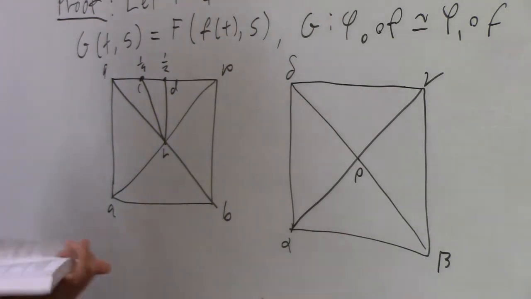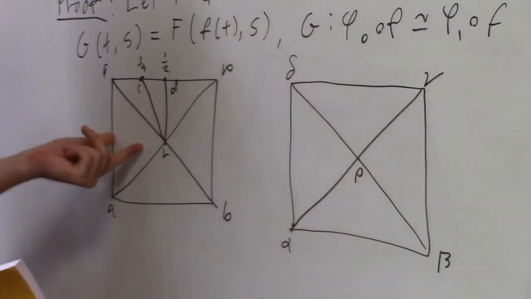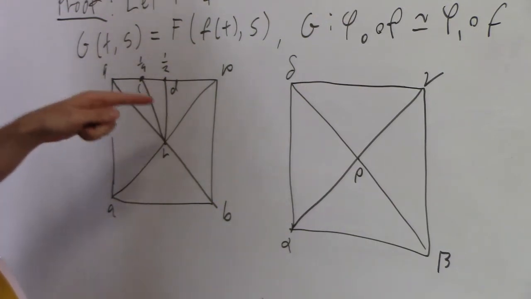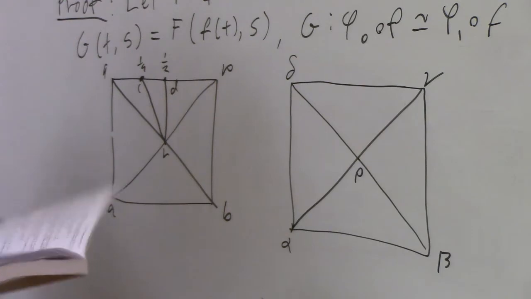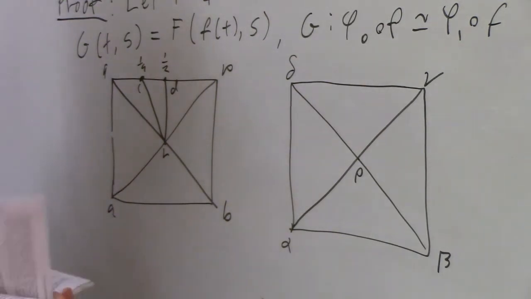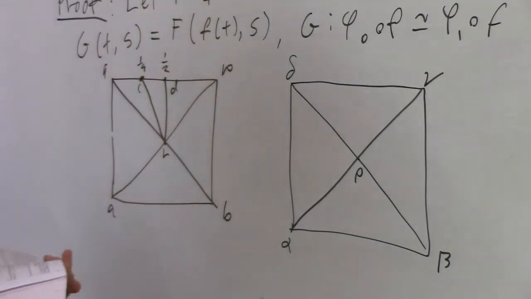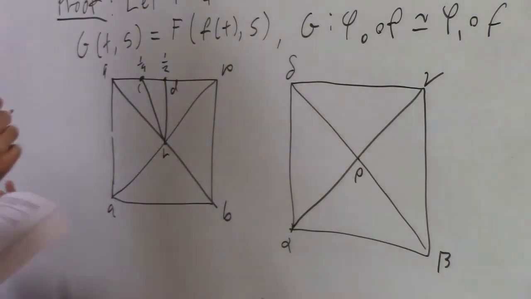The reason I think this is easier than the other proofs by pictures is that these are honest triangulations, whereas before they split the space into trapezoids. And the nice thing about triangles is they're simplices.